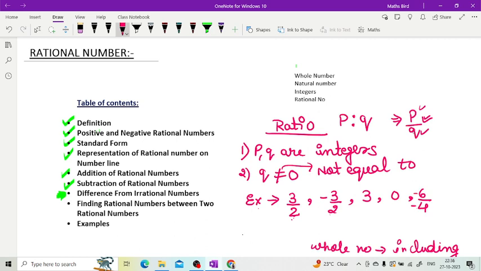Both are written in the form p upon q, and here the denominator is not equal to 0. Q is in the place of the denominator. The first thing is, what is numerator and denominator? The above one is the numerator and this one is the denominator.